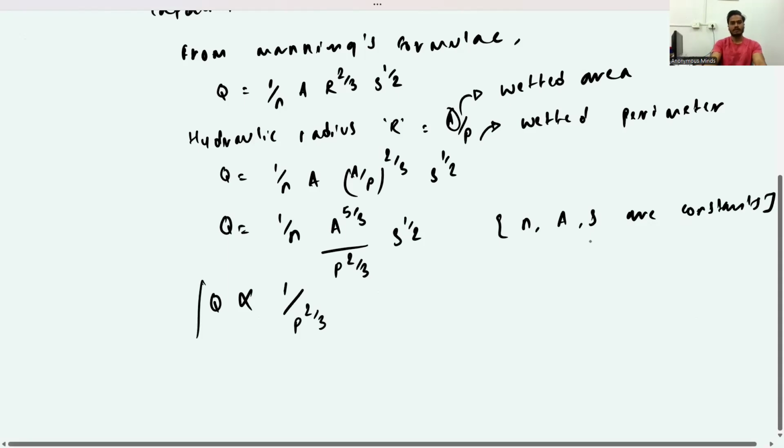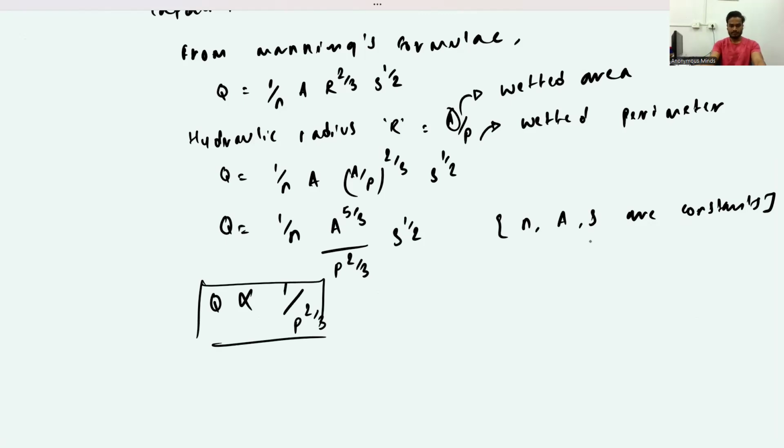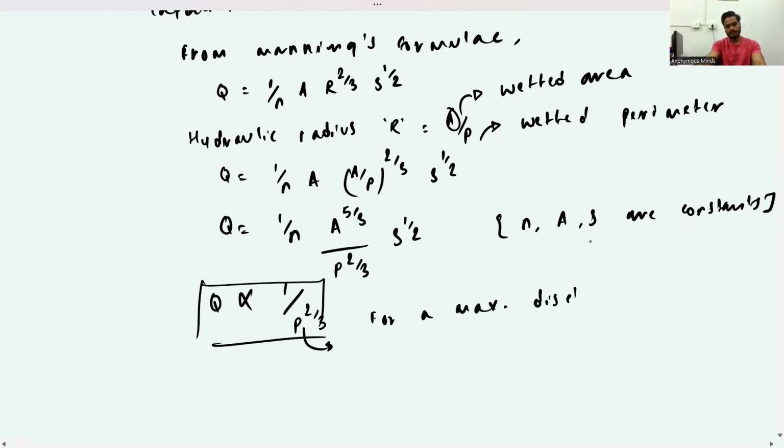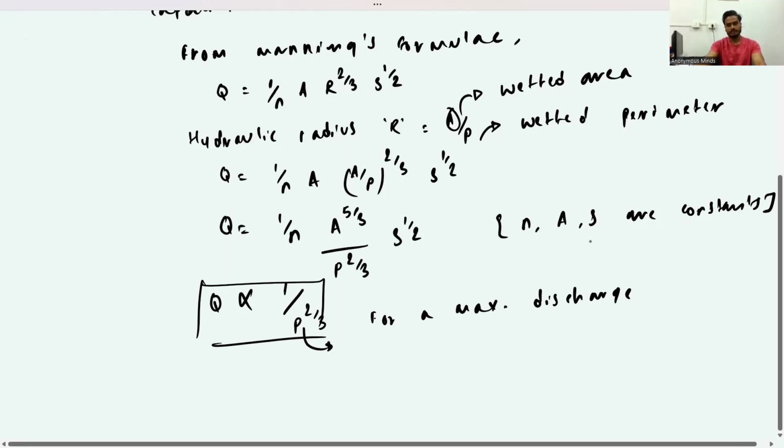So from here I can write, for a maximum discharge and for a given cross-sectional area, perimeter P should be minimum.